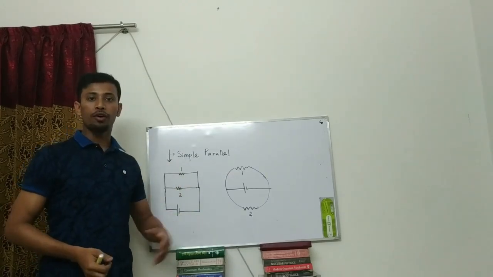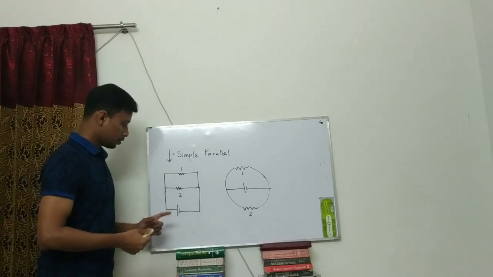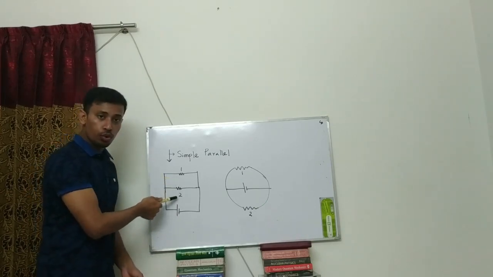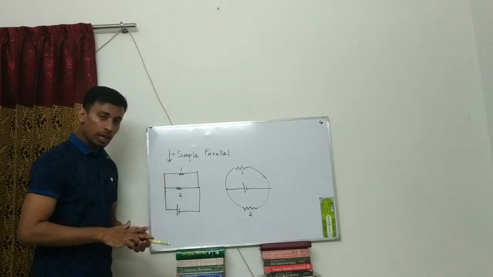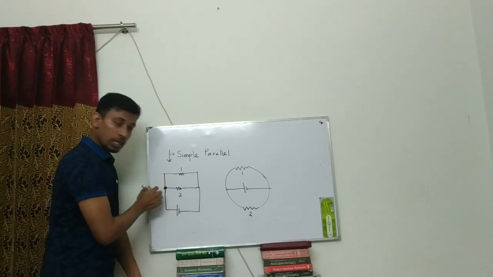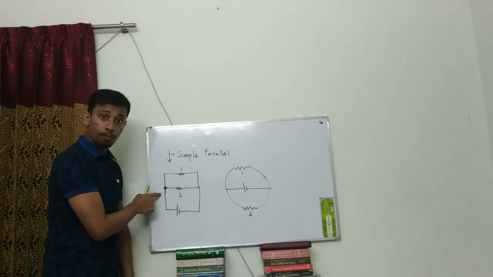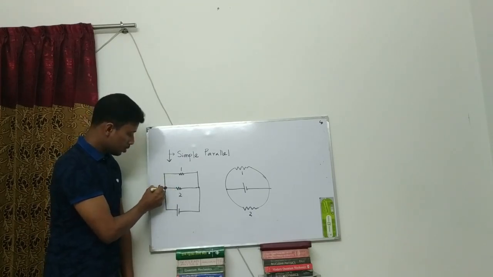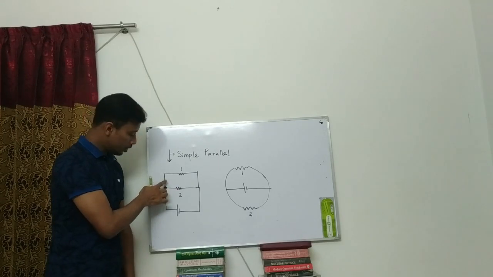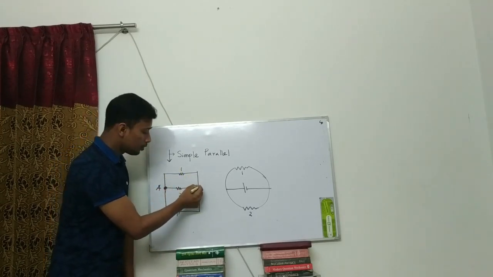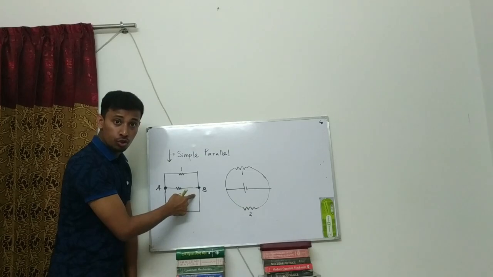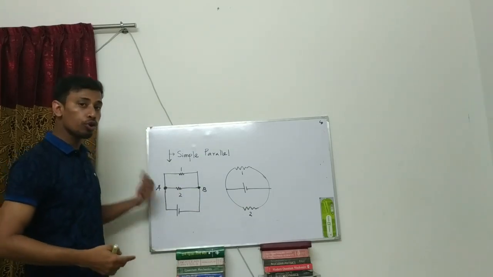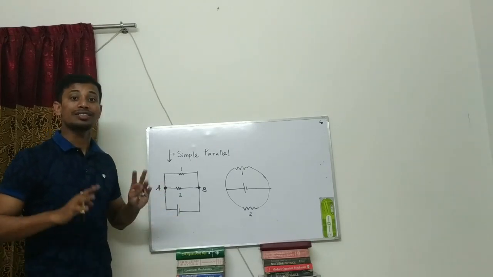Here we have two examples of simple parallel circuit. You are all familiar with this circuit. Here we have two resistors, 1 and 2, and if you look closely, the starting point of both resistors is this point A, and the ending point of both is B. So the starting point and ending point of both resistors are the same.